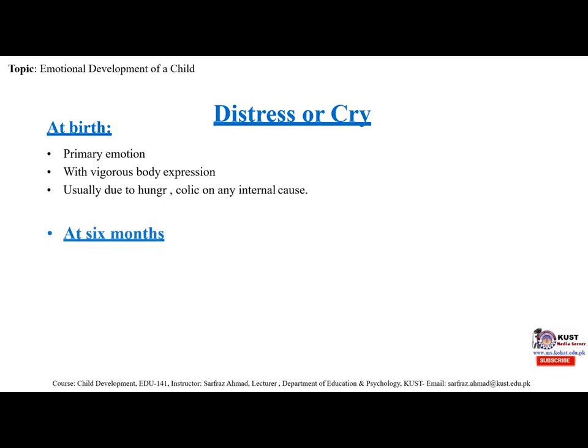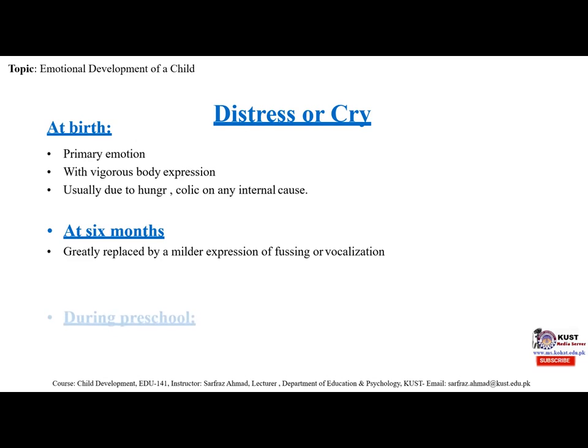At birth, the primary emotions are there, with vigorous body expressions, usually due to hunger, colic, or any internal cause. At the age of 6 months, this is greatly replaced by milder expressions of fussing or vocalization.